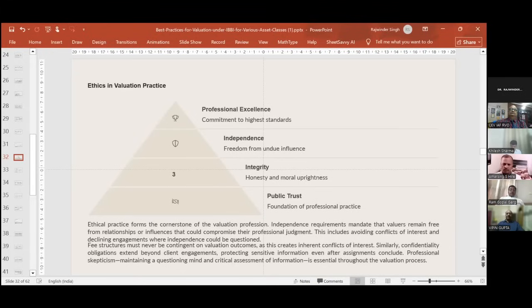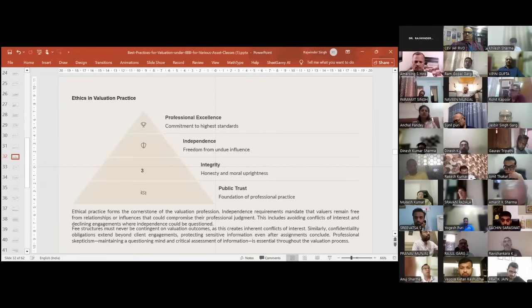professional practice. So ethical practice forms the cornerstone of the valuation profession. Independence requires that valuers remain free from relationships or influences that could compromise their professional judgment. This includes avoiding conflict of interest and declining engagements where independence could be questioned.